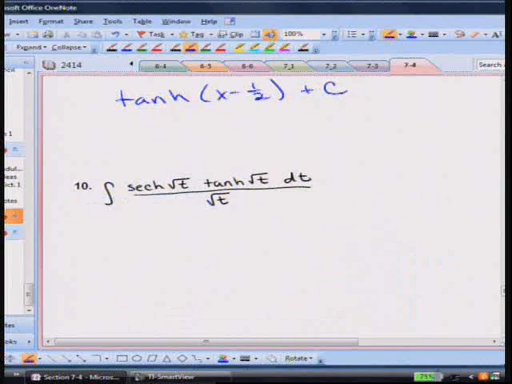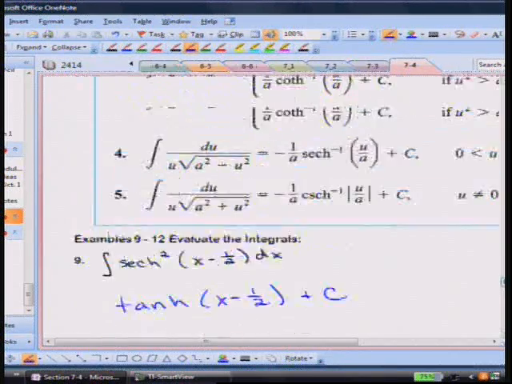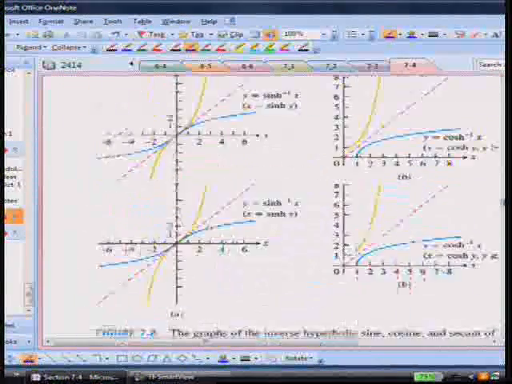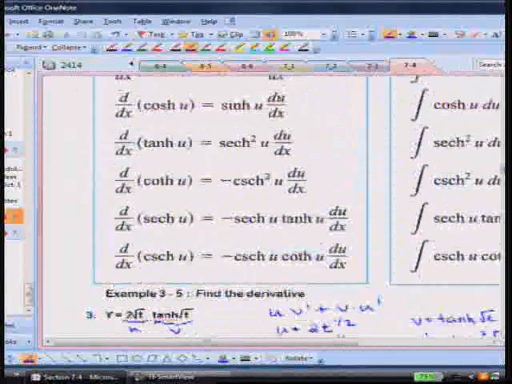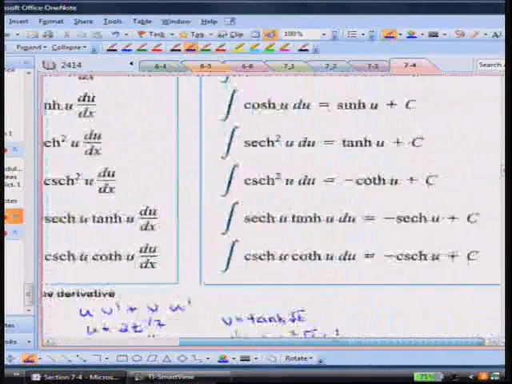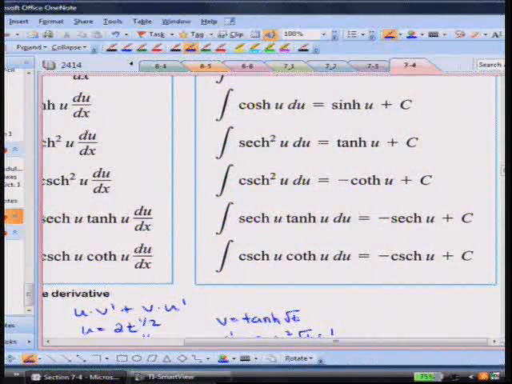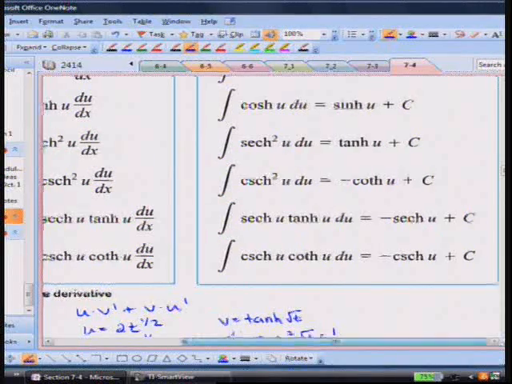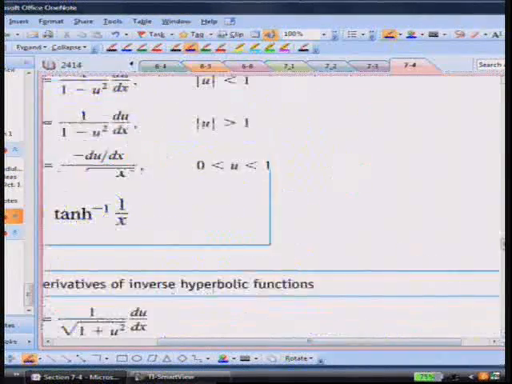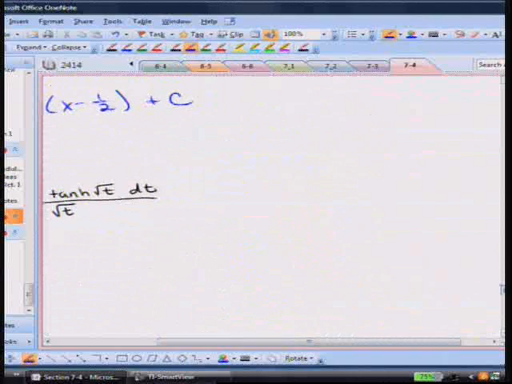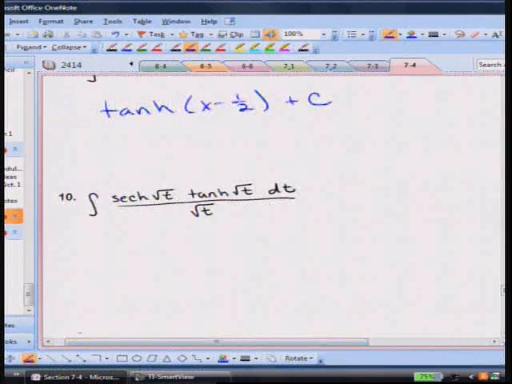It's got this sech tanh thing going on, which I feel like there is one that has a sech tanh, right? You can come up to your little sheet and look for the integral of sech tanh, and you do get negative hyperbolic secant. So I'm going to use that, but I'll have to do a little u substitution first.